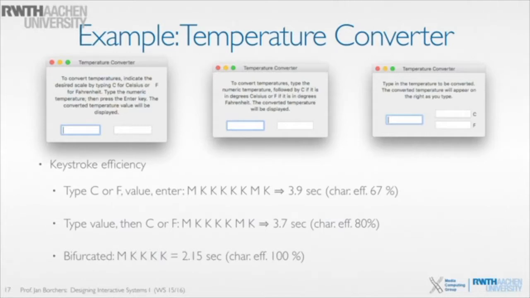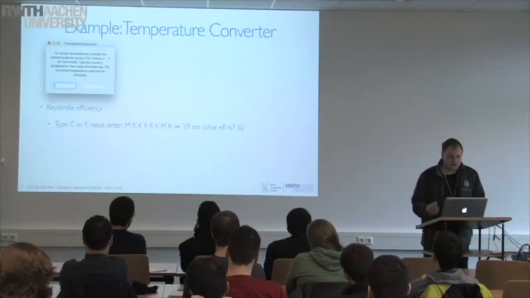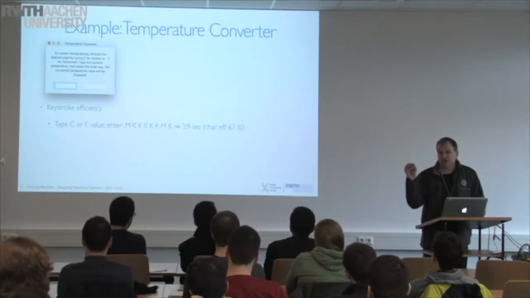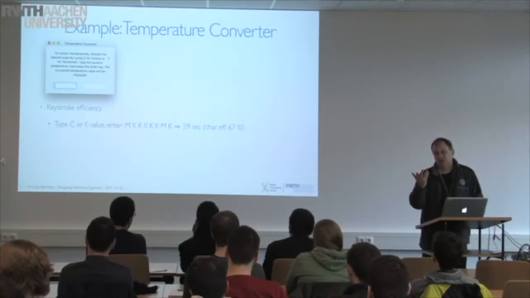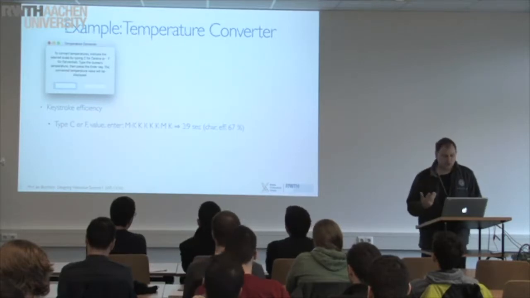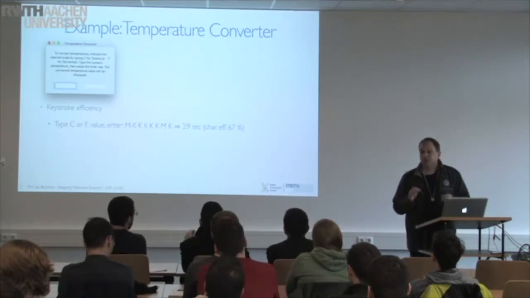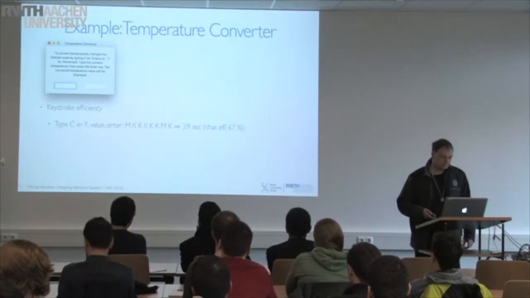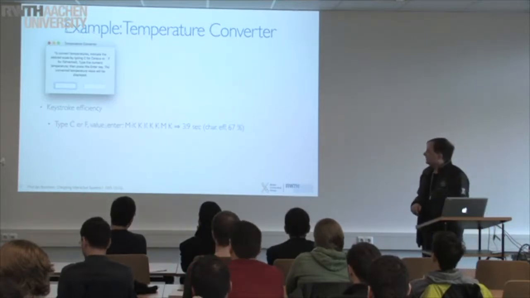So we're getting pretty close to the optimum efficiency we could reach, because if all we had to do was enter 4 characters, the only 4 things we want to provide, and the 1 bit for deciding where we want to go, then everything would be perfect. But we can do better than that.